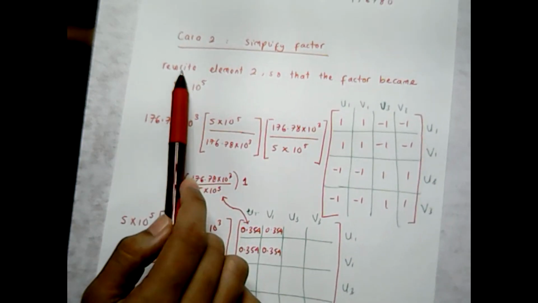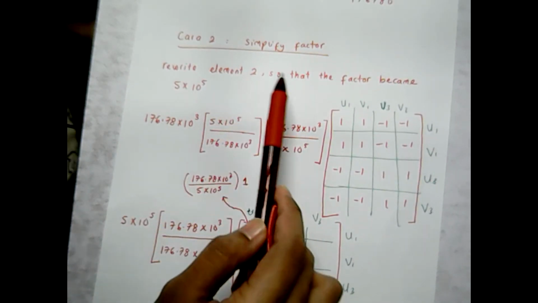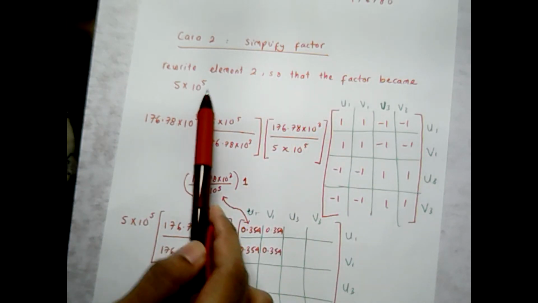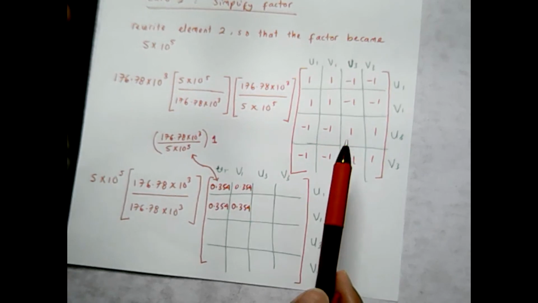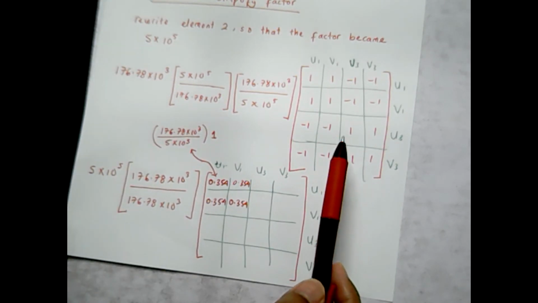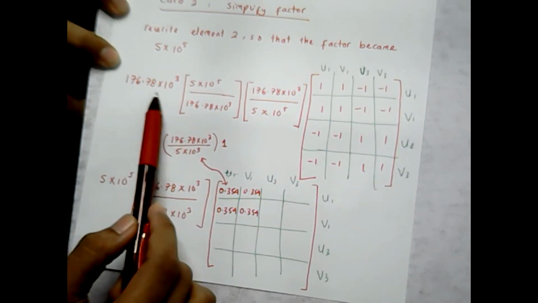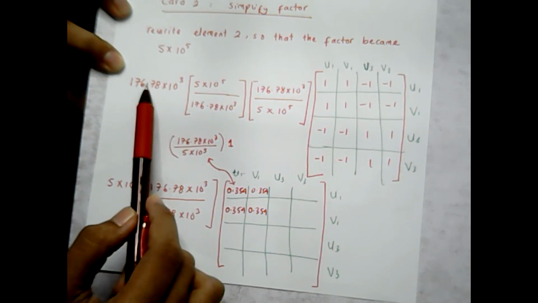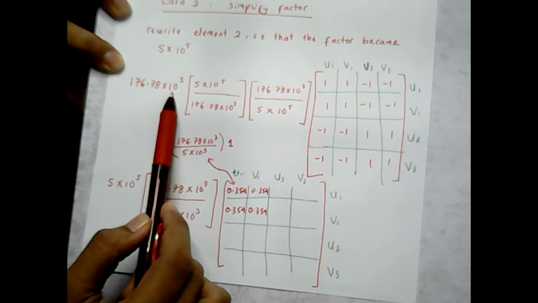Rewrite element 2 so that the factor becomes 5 times 10 to the power of 5. How do you make sure you get 5 times 10 to the power of 5? The original factor is 176.78 times 10 to the power of 3.